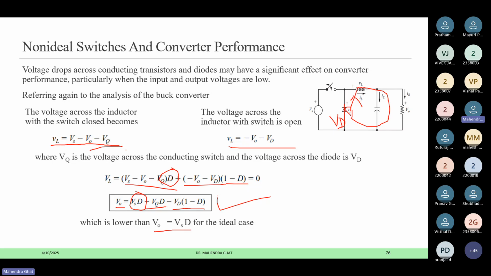But if I have only 0.5, this term will come as 5 volt, but if I subtract this drop, at the output I will not get exactly 5 volt. So I have to increase the duty to more than 0.5 to actually get 5 volt. So the duty may come as 0.52 or 0.53, and with that duty you will get the output voltage as 5 volt with a 10 volt input.